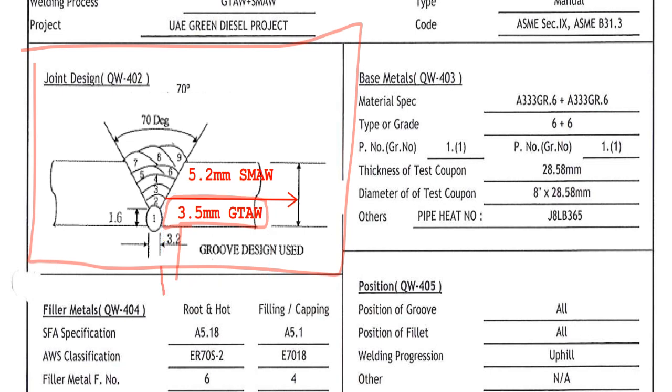And after 3.5 millimeter, another 5.2 millimeter is welded by SMAW. Then in the PQR, this kind of separation, GTAW and SMAW and thickness limitation, shall be recorded in the PQR joint design. And qualification of each thickness limitation shall be applied separately.